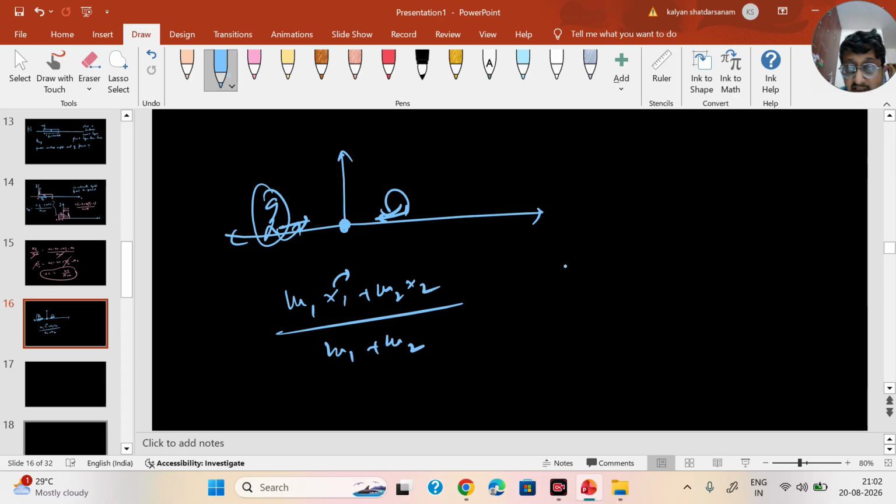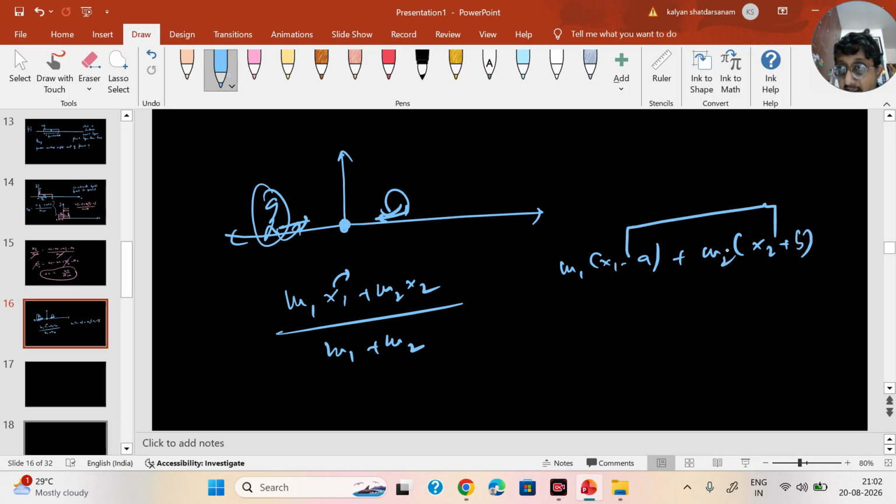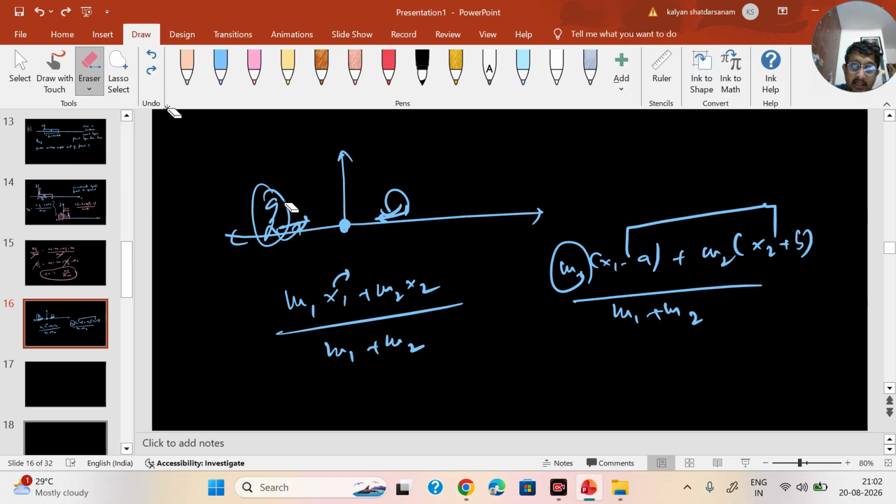Suppose he moved by distance a, m1 into x1 minus a, then m2 into x2 plus b. These terms should cancel now to keep the center of mass there only. So mass into whatever he moved in one direction is this mass into whatever it moved in the opposite direction. Then only the center of mass will remain there. That is a faster way to do it.